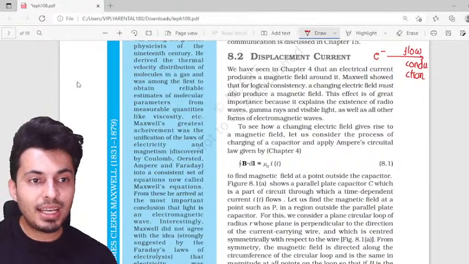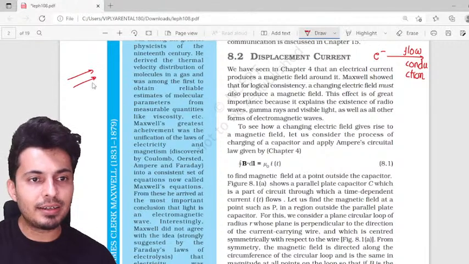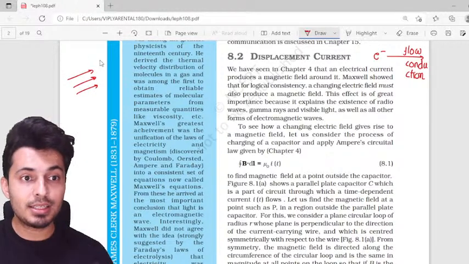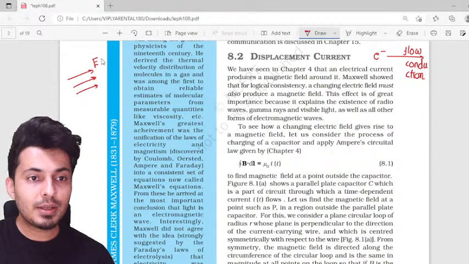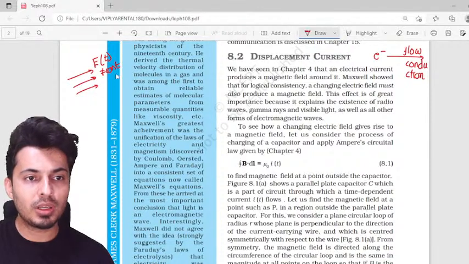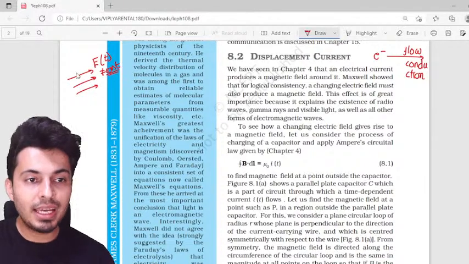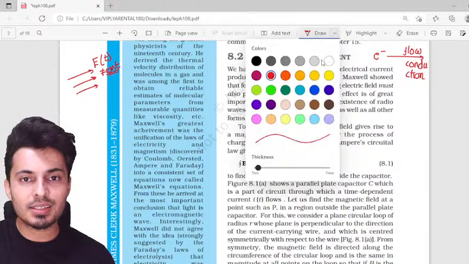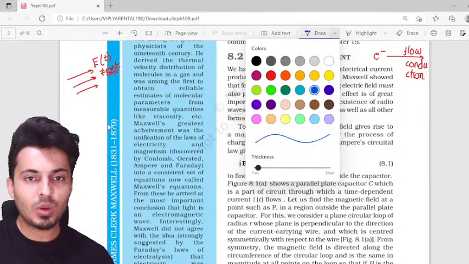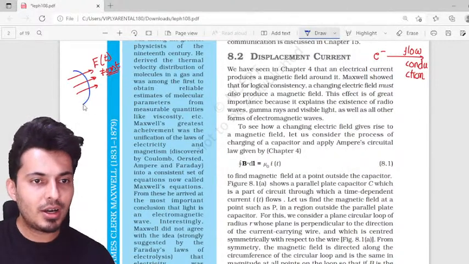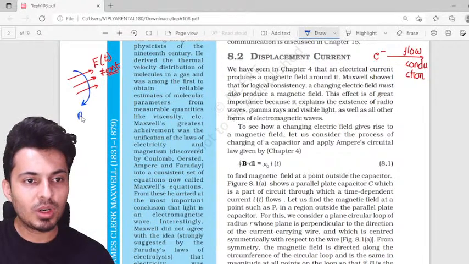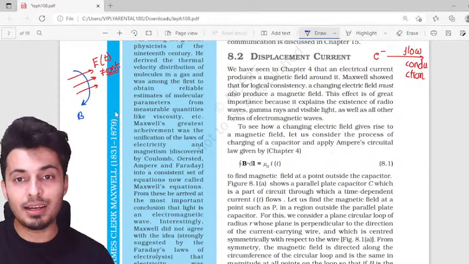But whenever you have an electric field, there is no charge, there is electric field, but it is changing, that means it is not constant, then it produces around it a magnetic field.